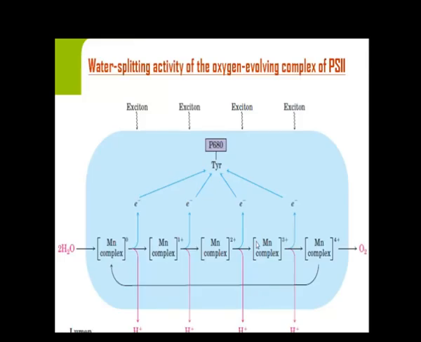This hydrogen is pumped into the lumen by this process of splitting of the water molecule. And cytochrome b6f throws in an additional 8 hydrogens when it is transferring the electrons from plastoquinone PQBH2 to plastocyanin.